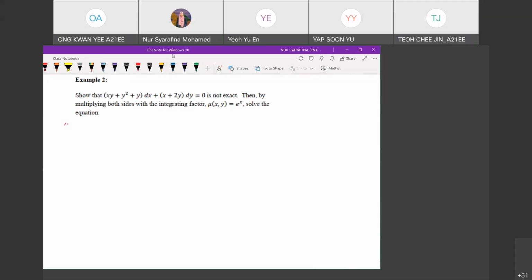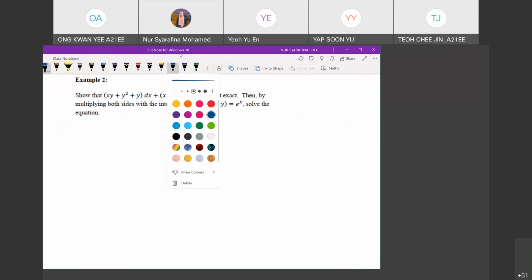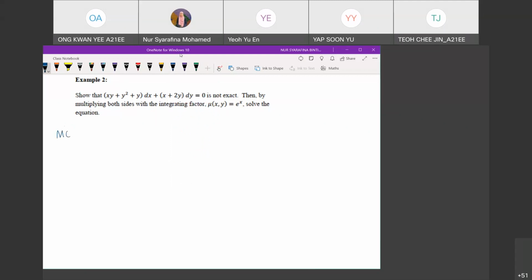First, identify what is your M, what is your N. And then make sure del M over del y equals to del N over del x.